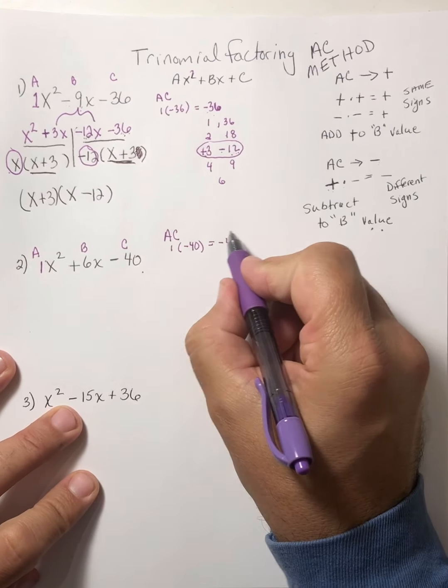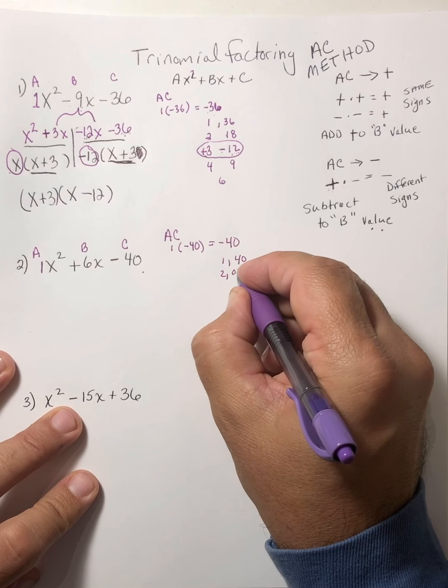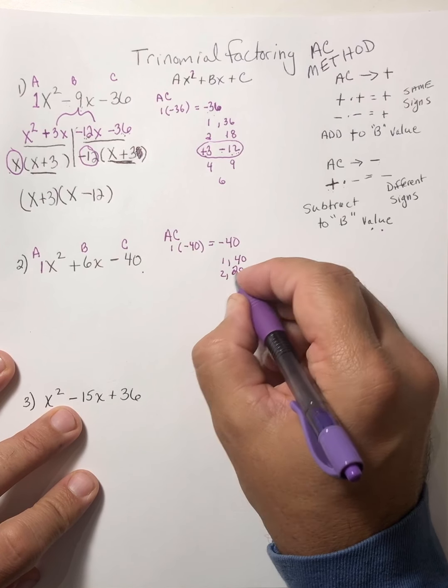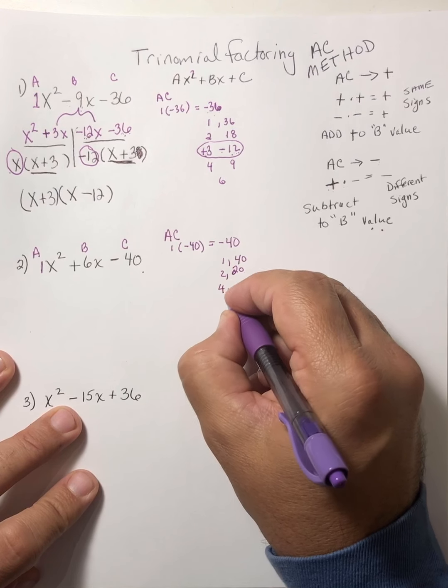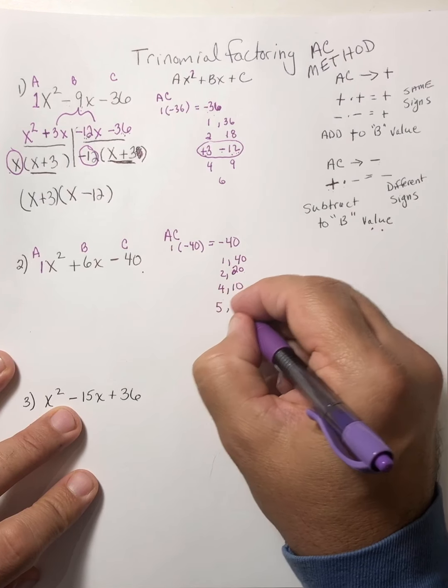So I need all the factors of negative 40. Well, that's a 1 and a 40, 2 and a 20, 3 doesn't work, 4 and 10, and 5 and 8.